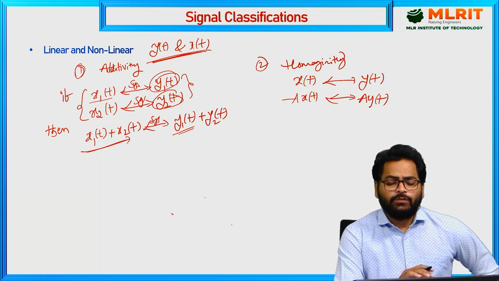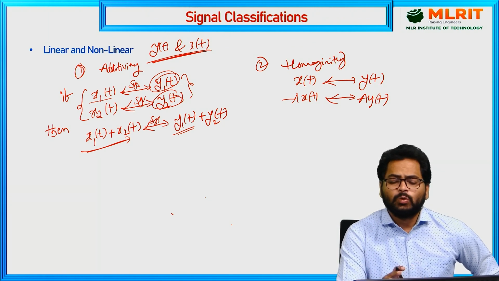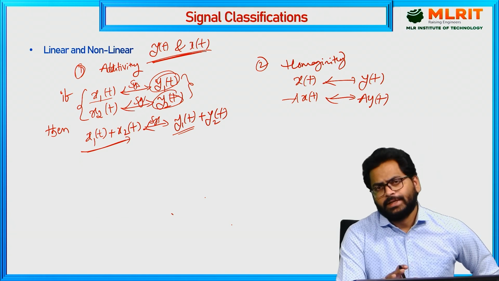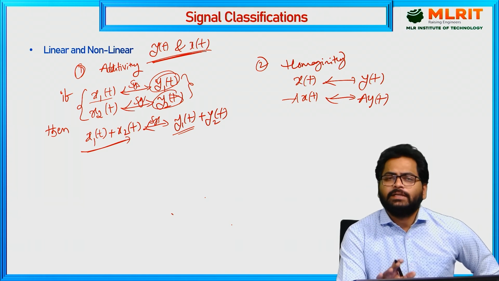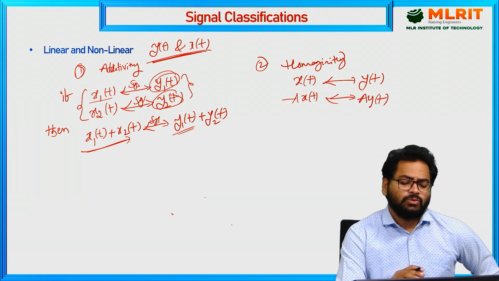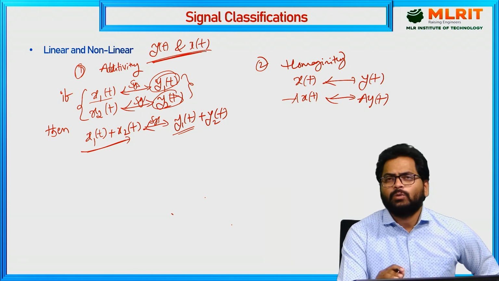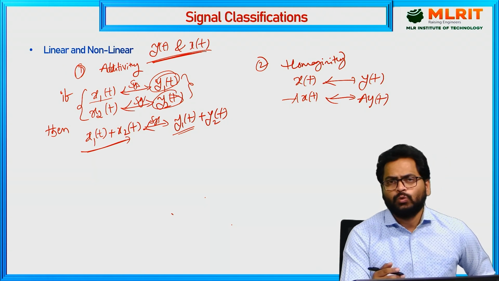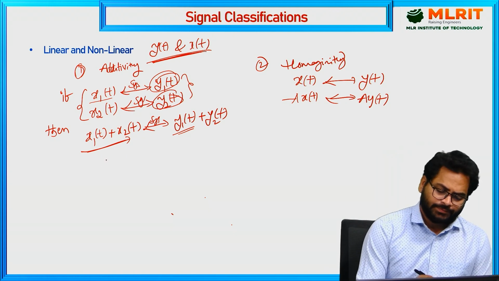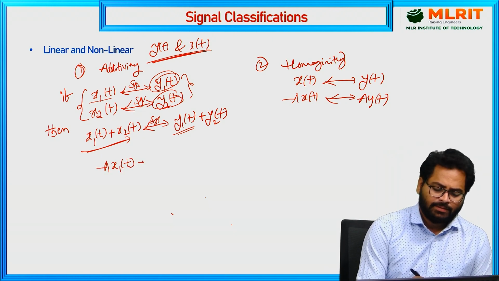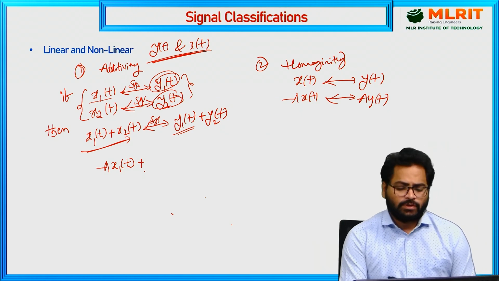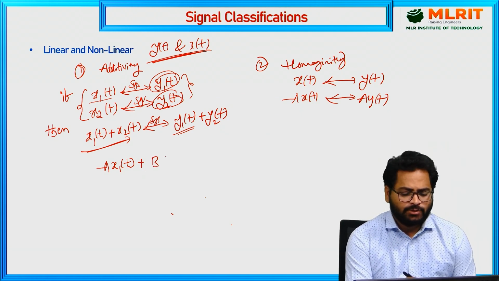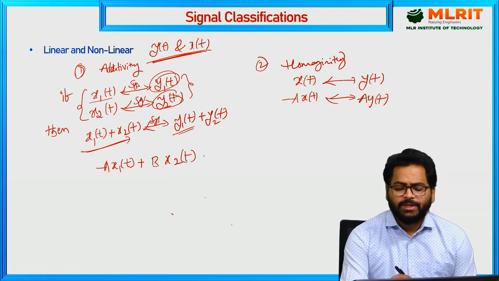Okay. So if any system satisfies these two principles, then you can say the particular system is a linear system. We cannot always check additivity and homogeneity separately, individually. By combining these two, I can rewrite it: a into x1 of t plus b into x2 of t.